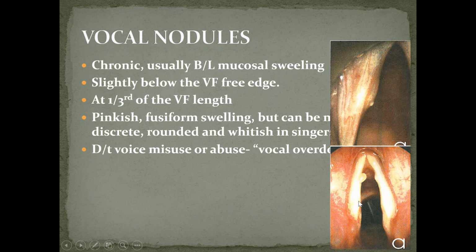Up to here is the membranous cord, and here the cartilaginous cord, attached to the vocal process of the arytenoid cartilage. At the junction of the anterior 1/3 and posterior 2/3 of the vocal cords, you will commonly see vocal nodules. The reason is that here there is maximum vibration of the vocal cords during phonation.